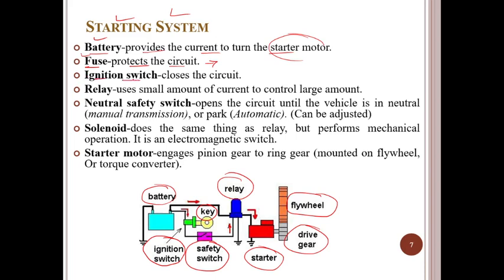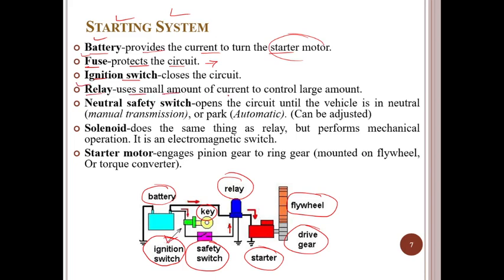The third component required is the ignition switch. The ignition switch closes the circuit. With the help of this ignition arrangement, we close the circuit, connecting plus and minus together. Then the relay is used there. What is the role of the relay?